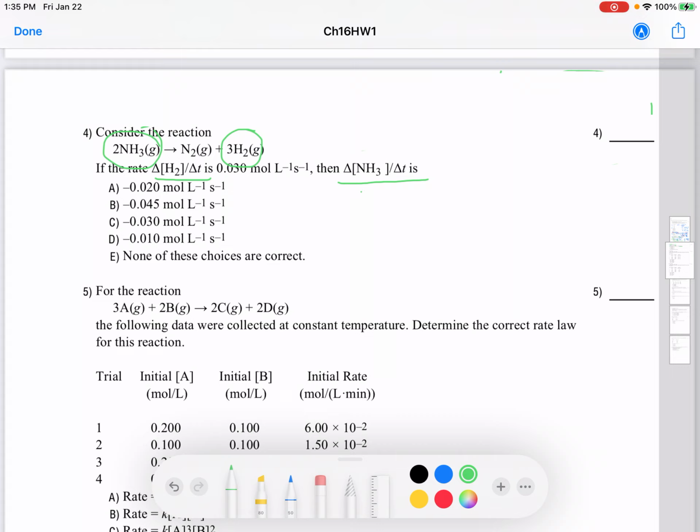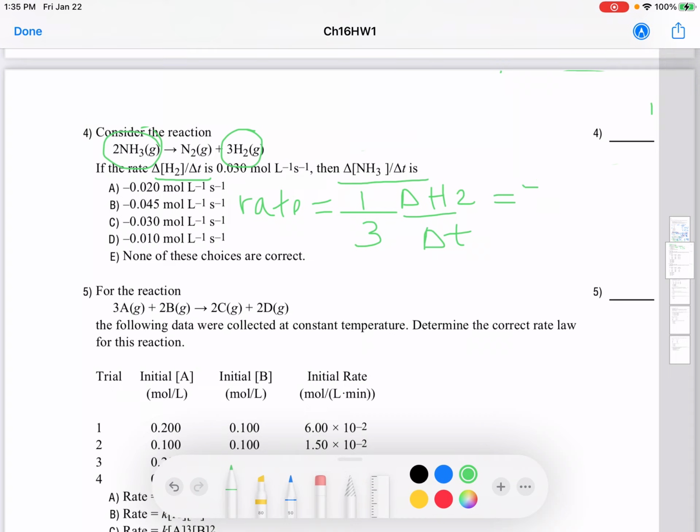Rate would be for hydrogen 1 over 3, 1 over 3 delta hydrogen over delta T. Is it positive or negative? Because it's a product, it's positive, right? Rate. And then for ammonia, that would be negative, right?